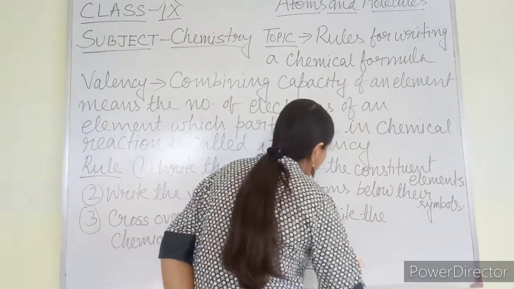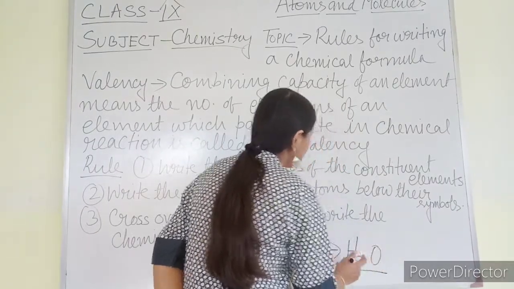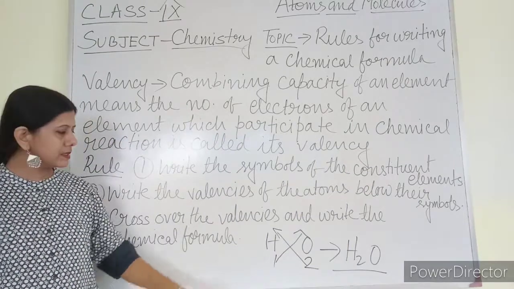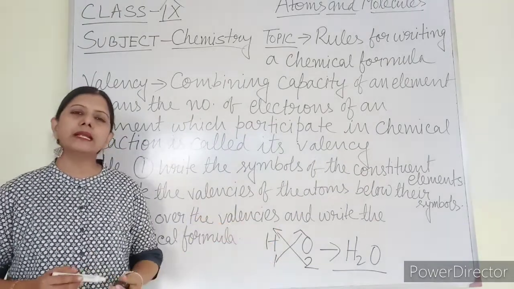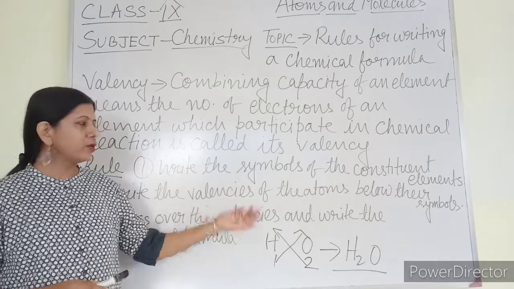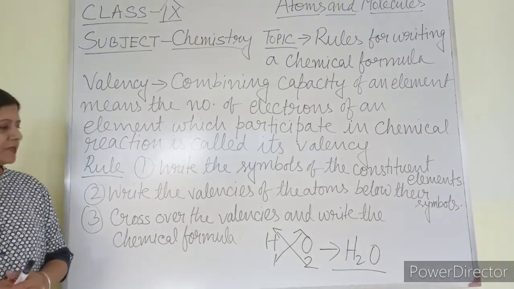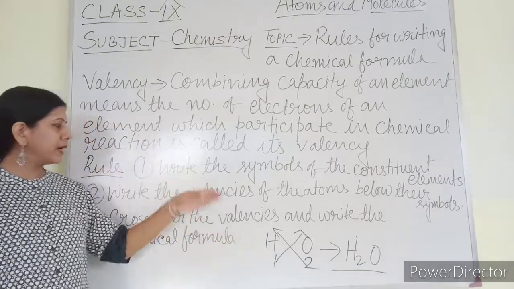So what will be the formula? The formula is H2O. So you can see that the valencies are cross multiplied, or interchange their positions. So this is the rule by which you have to write down the chemical formula of a compound. So this is one example.